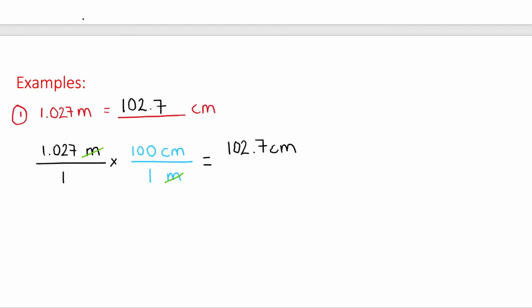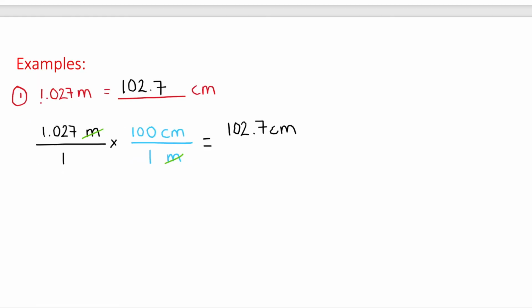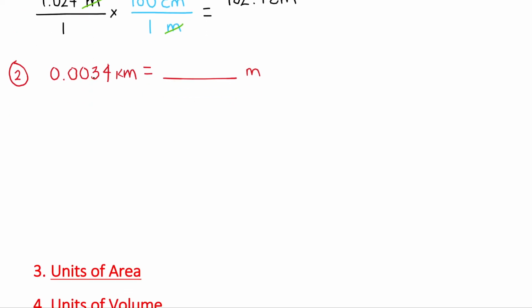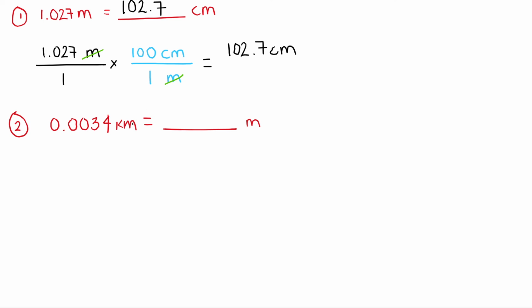Let's do another example. So question 2. I have 0.0034 kilometers, and I need to go into meters. So I'm going to use the same system. I have much space up here.